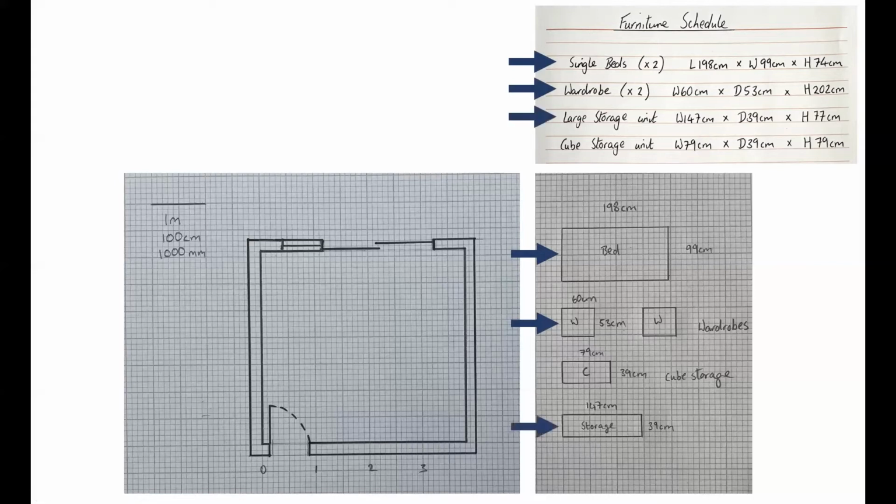And then the storage, the long storage cabinet, and also the cube storage unit as well we've got here. So you can see that's, yeah, just under 80 centimetres by just under 40 centimetres. So these are all now drawn to scale on the same graph paper.